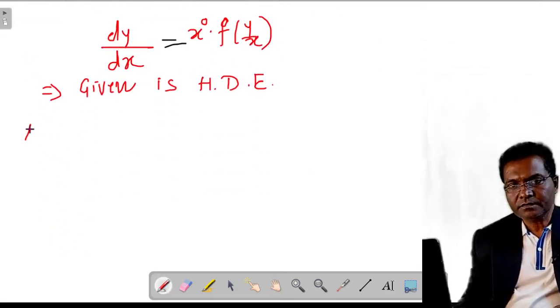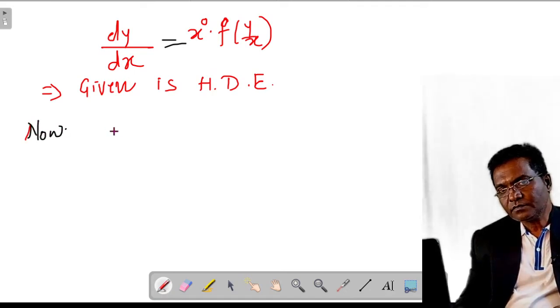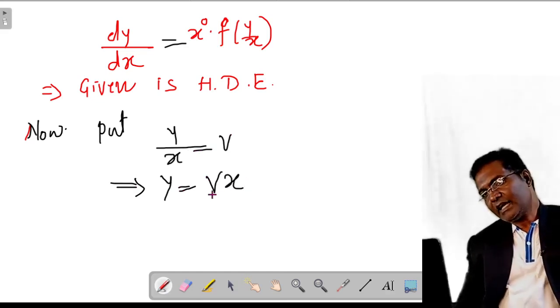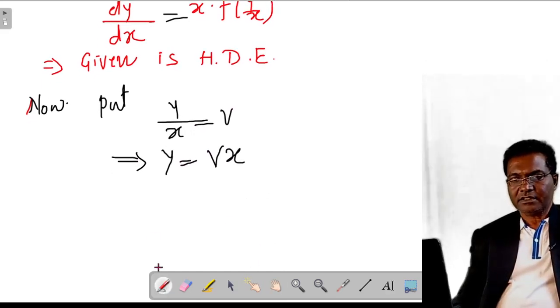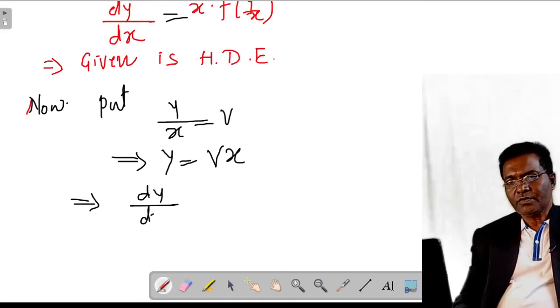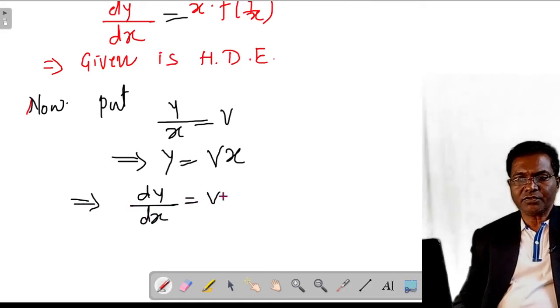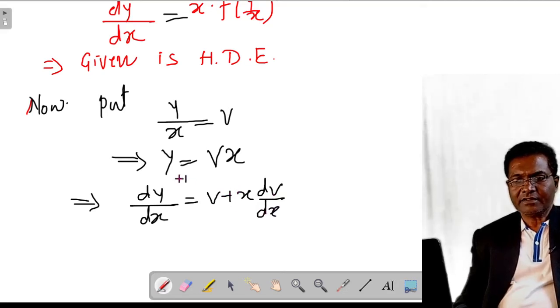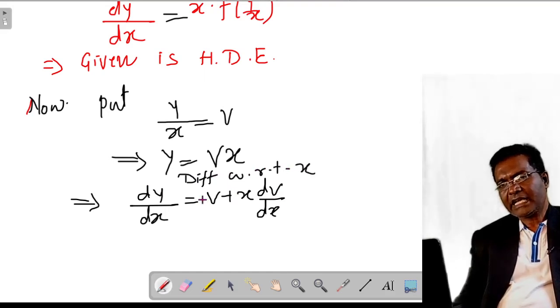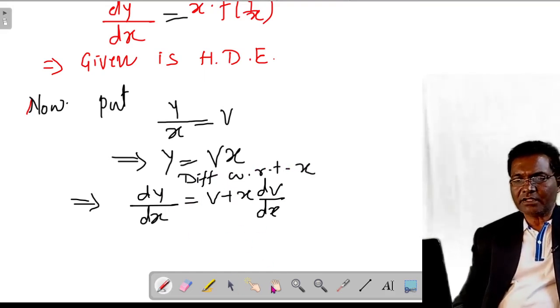Now put y by x is equal to v, that is y is equal to vx. The rest of the thing, differentiate with respect to x. You will get dy by dx is equal to v plus x into dv by dx. Put this in 1.